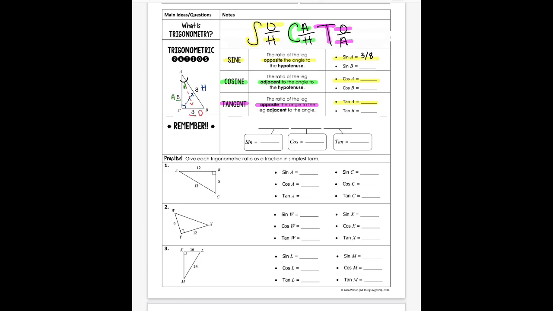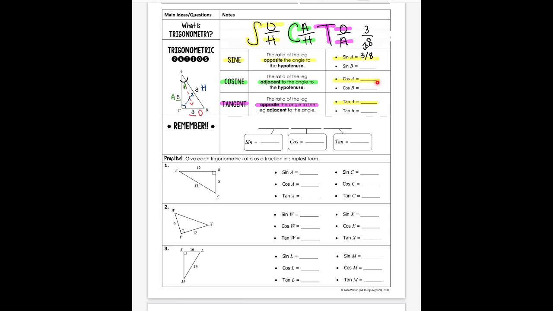And that's it. Now, I wrote it like this because we don't have a lot of room. Just to let you know, whenever you see it like this, it's the same thing as writing 3 over 8. I just didn't have space, so I wrote it like that.